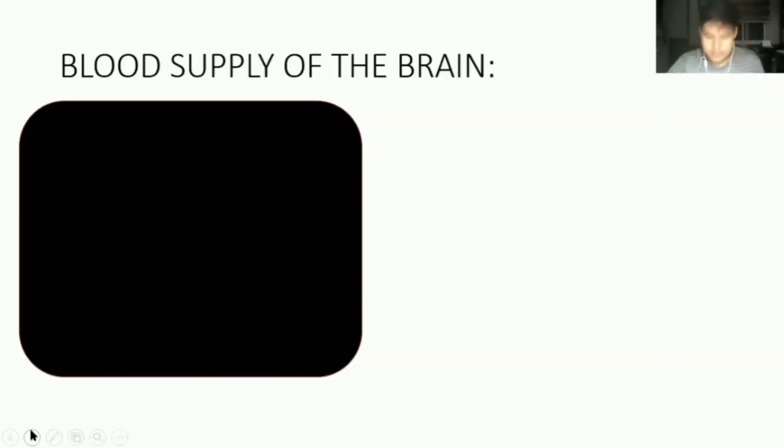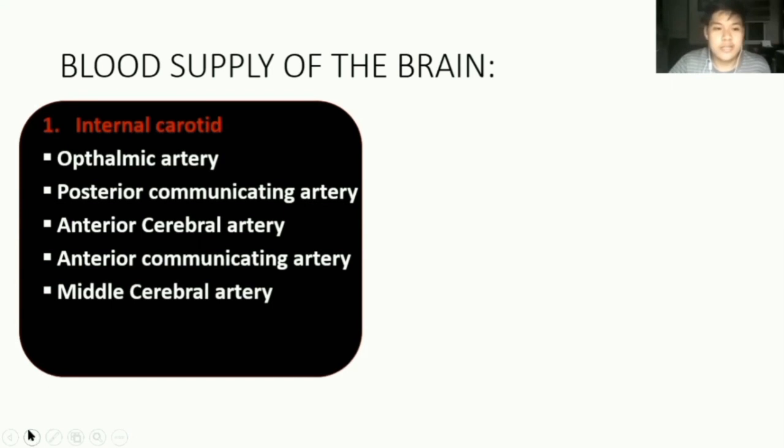So the blood supply of the brain has various branches from its two main vessels, namely the internal carotid artery. And this internal carotid artery has the following branches: the ophthalmic artery, posterior communicating artery, anterior cerebral artery, anterior communicating artery, and the middle cerebral artery.